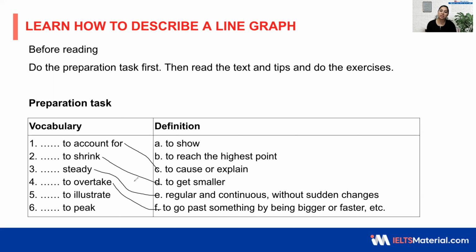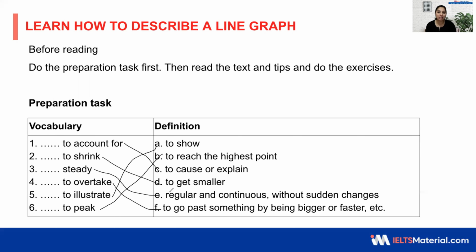The meaning of illustrate is to show something or to describe something. Hence, I would take it here to the first one. To peak means to reach the highest point, and the meaning of peak is also to reach the highest place of the mountain, or the highest height of the mountain. So to peak means to reach the highest point.